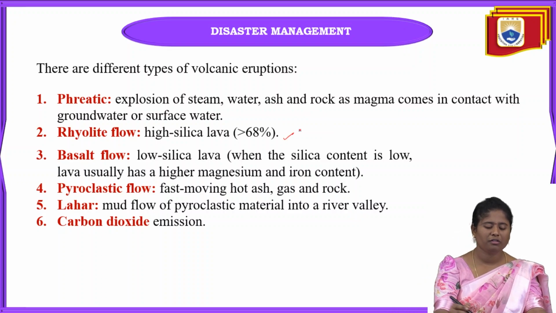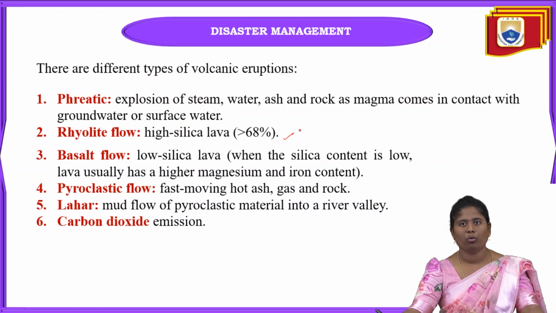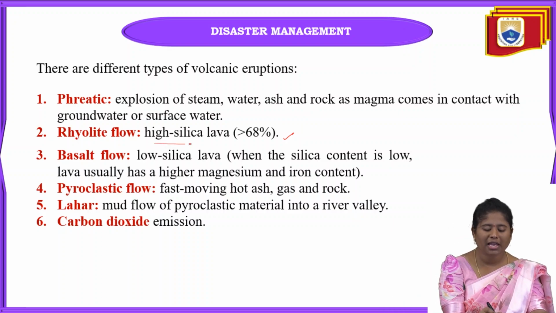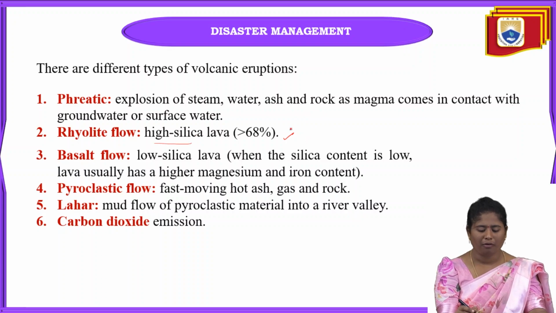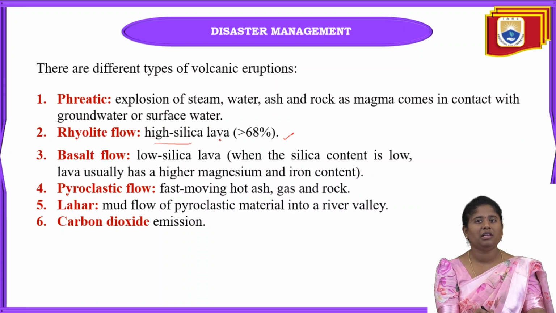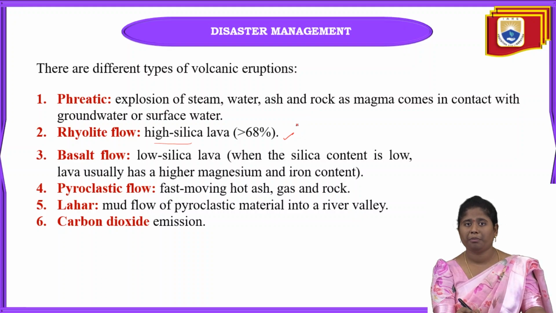And next is rhyolite flow. In this rhyolite flow, the lava has a high silica content, maximum greater than 68%.